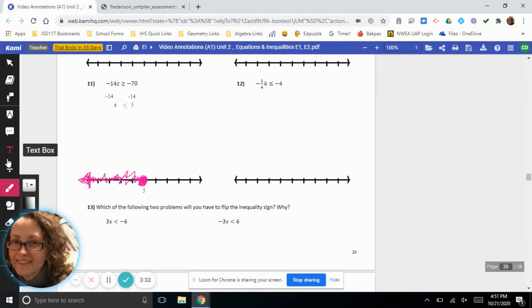So let's go ahead and take a look at number 12. Now, number 12, I have a couple of different options. I can divide by a negative 1/4. That's what operation I have here. The operation that I have here would indicate that I was going to divide by negative 1/4. But that's not really the easiest option.